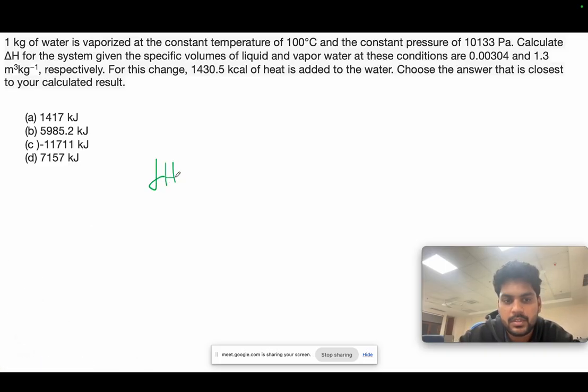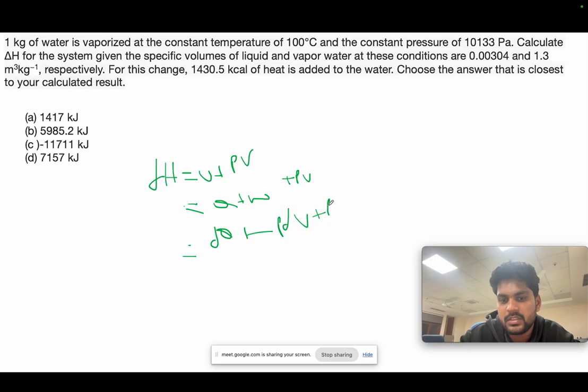So this is the basic equation: H equals U plus PV. U is nothing but Q plus W. Now if I apply differentiation, it is dq, sorry, it will be minus PdV, it will be plus PdV plus VdP.